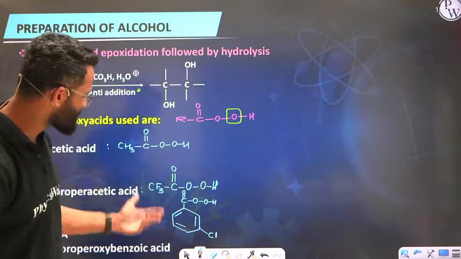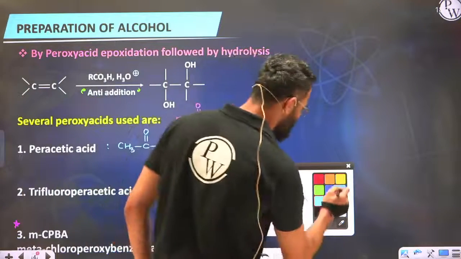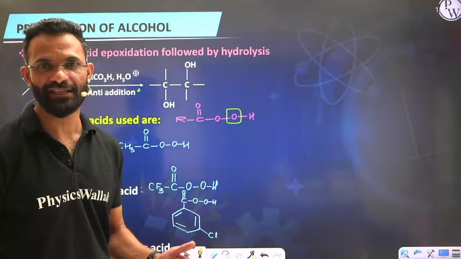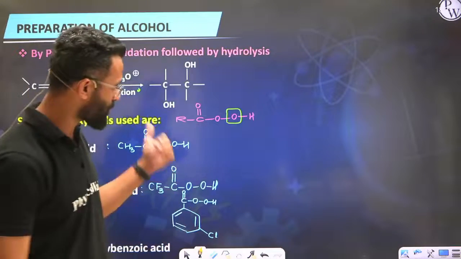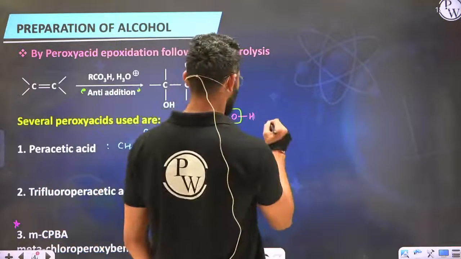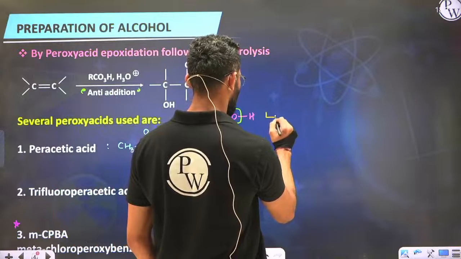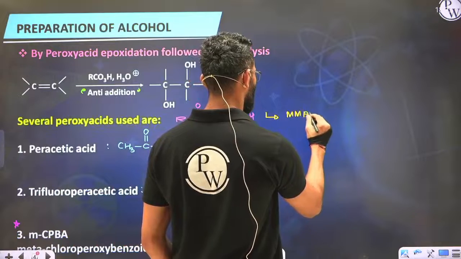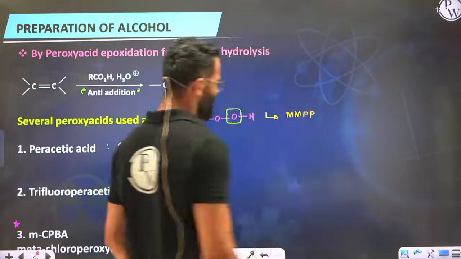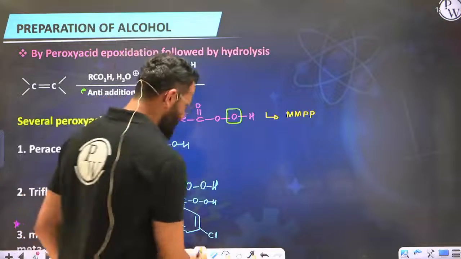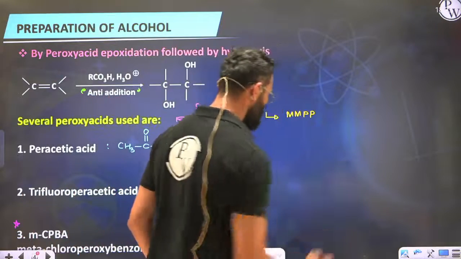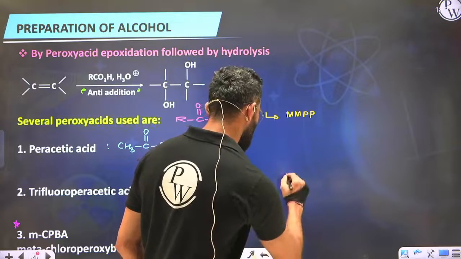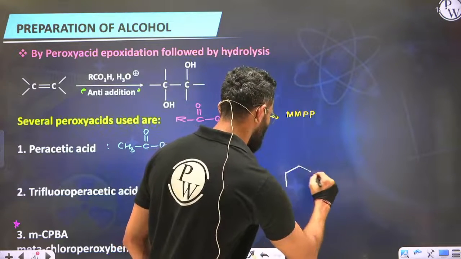Now guys, other than this, there is one more reagent which we haven't mentioned here in the list, but let me tell you that it is also a very commonly used peroxy acid reagent for epoxidation, which is called MMPP. Well, I'll write it here. Let's understand the meaning of this and see what this abbreviation is for. Suppose I have phthalic acid.